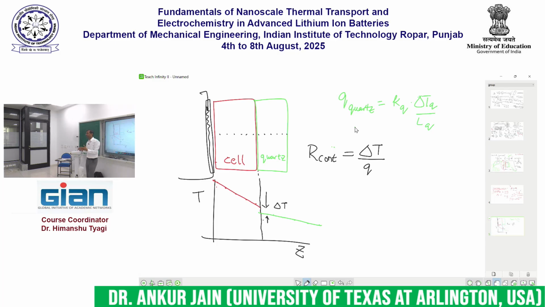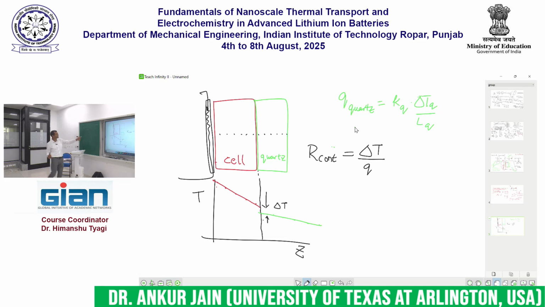But it is reasonable to assume that the heat flowing through the quartz is equal to the heat flowing through the cell, right? So by placing a standard material, I am able to indirectly measure the amount of heat that flows through the cell. And a bonus of this measurement is the contact resistance. This measurement also tells me the contact resistance.